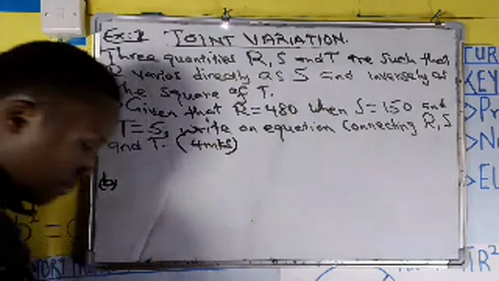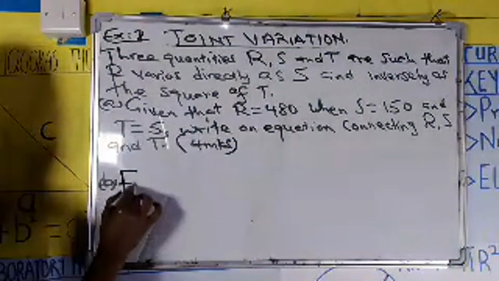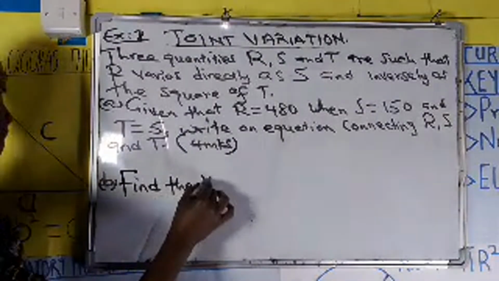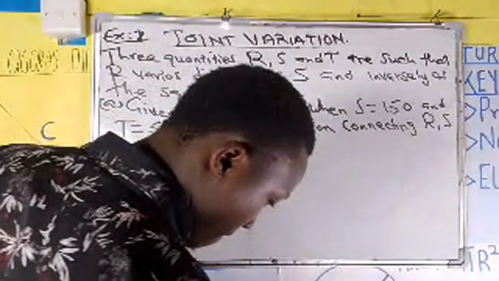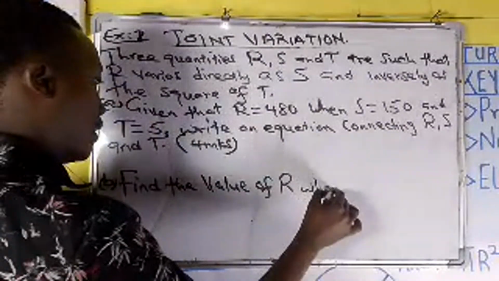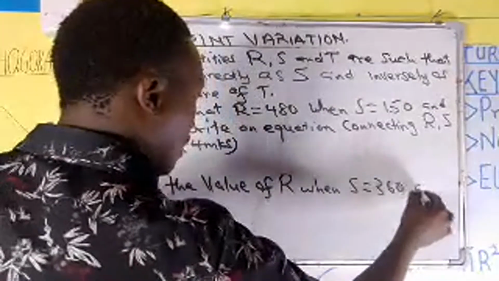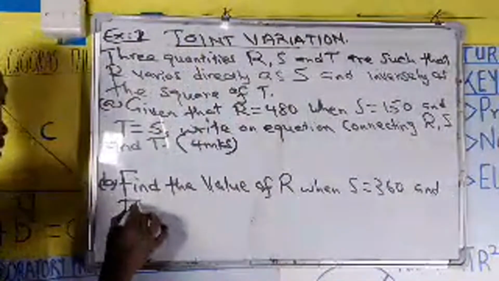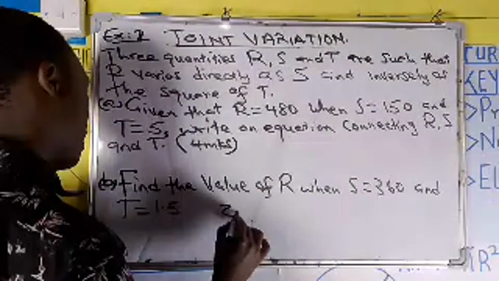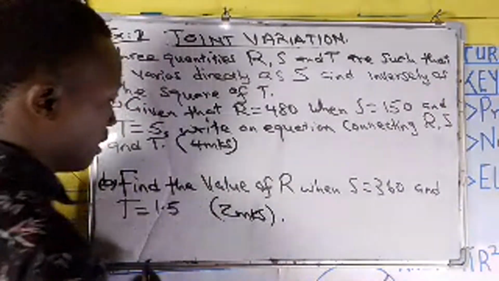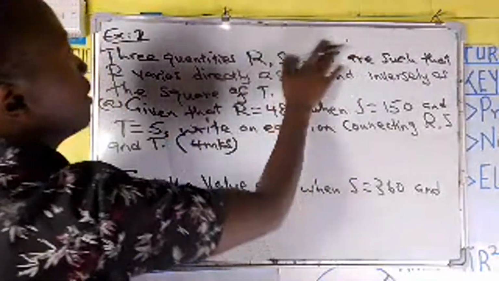Part B, find the value of R when S is 360 and T equals 1.5. 2 marks. Let that be part of your assignment.